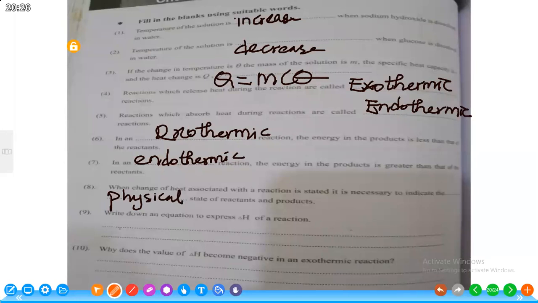Write down the equation of delta H: the enthalpy change is equal to delta H of products subtracted from delta H of reactants. And finally, why is the value of delta H negative in an exothermic reaction? Because the energy of the reactants is greater than the energy of the products.